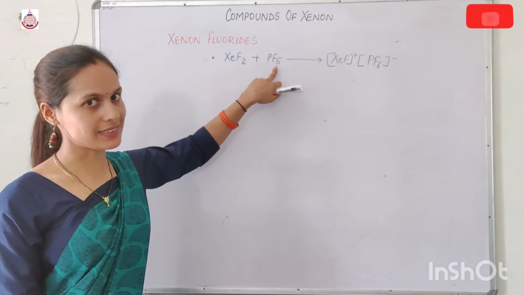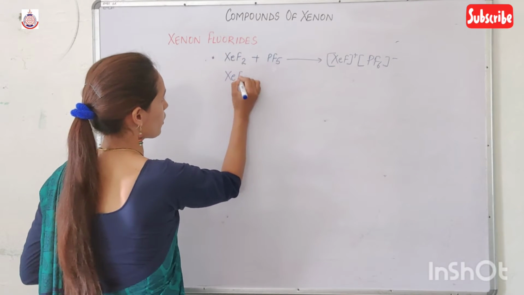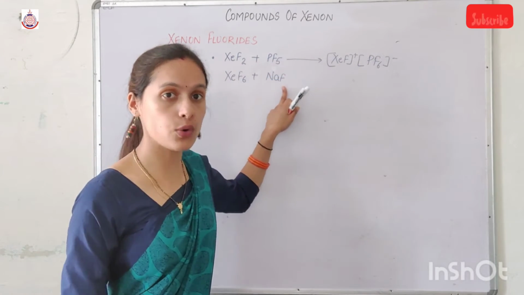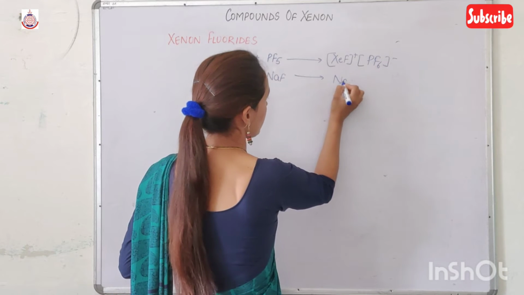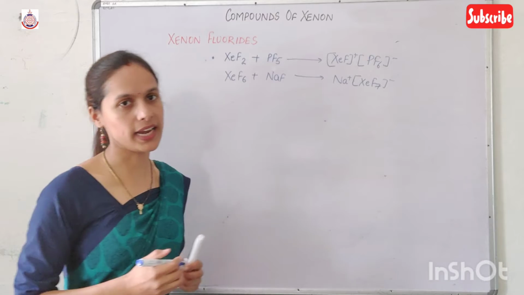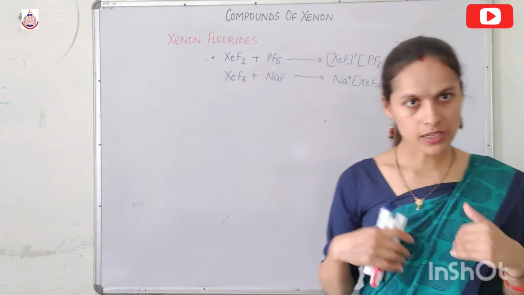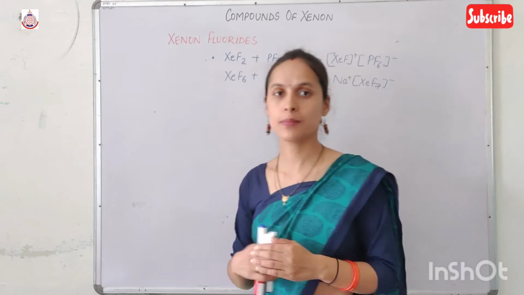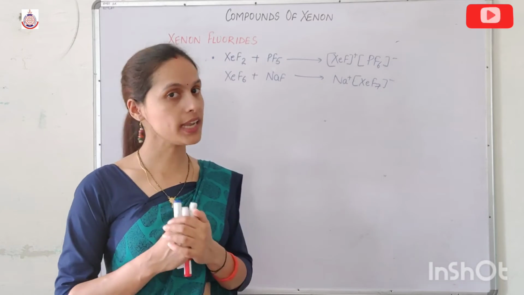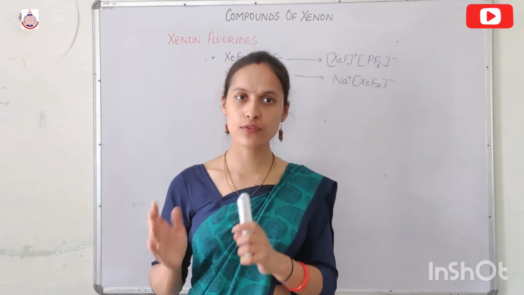So with a fluorine acceptor they convert into cationic species. And XeF6 plus NaF, now NaF is a fluorine donor. So with a fluorine donor they convert into anionic species. So these are the various properties of the xenon fluorides.